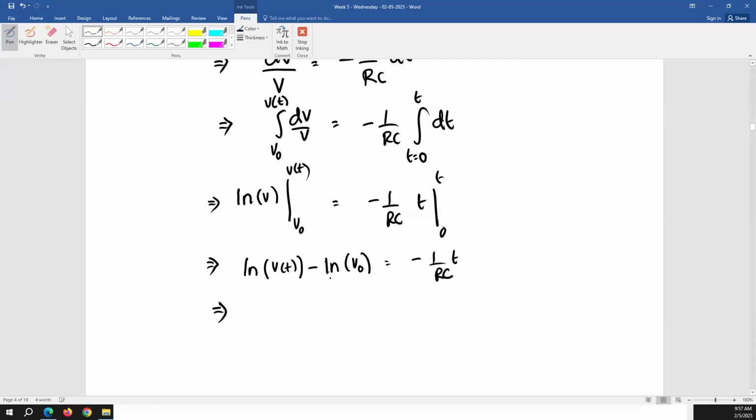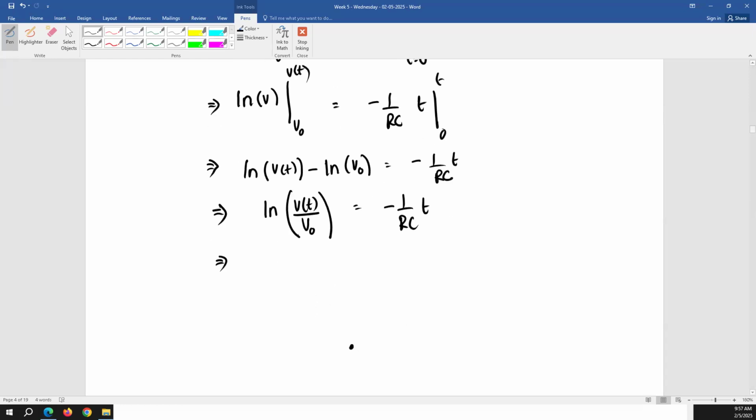All right, natural log of A minus natural log of B, we can write that down as natural log of A over B. Is equal to negative 1 over RC. All right, to get rid of natural log, we take the exponent of both sides.